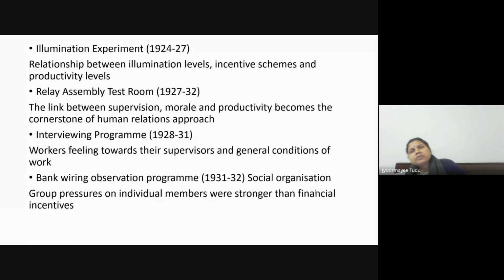They found that despite changing the degrees of illumination, the worker groups who had been taken as control groups performed well. They noticed that after working in a group, the workers developed a sense of bonding with each other.